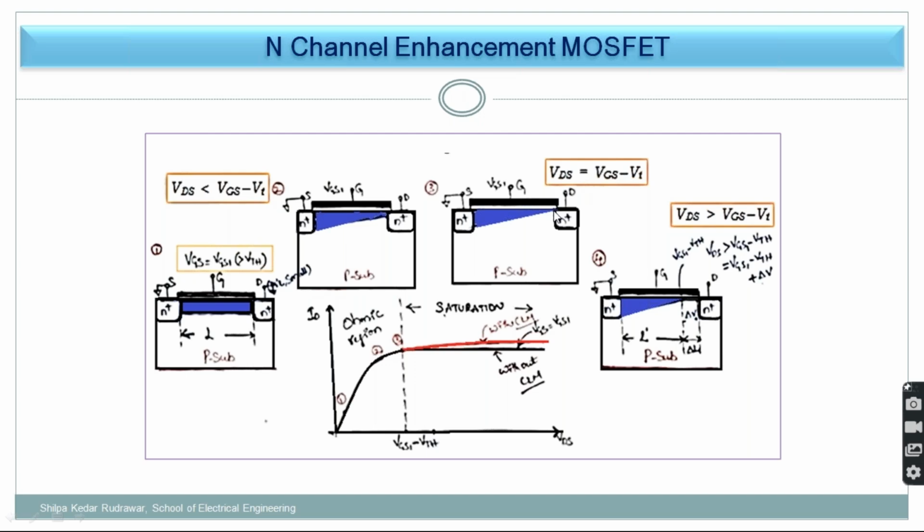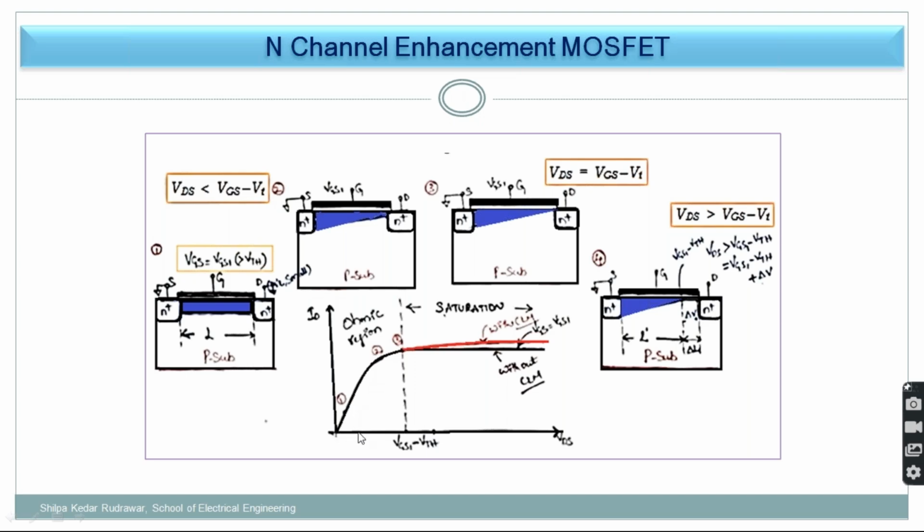At that point the channel is just connected to the drain. Previously a large part was connected to the drain side, but now it is just a pinch off, meaning only a part of it is connected to the drain. That's why at this point the resistance is increasing and the current rise slows.